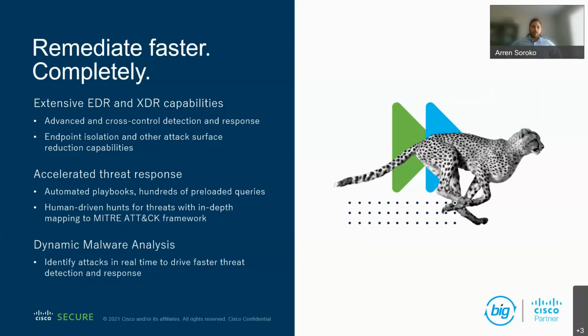And so what isolation does is Secure Endpoints essentially bricks a potentially compromised machine. So it cuts off all network access, pretty much any way that the machine can communicate outside of itself, it gets cut off except for the AMP dashboard or the Secure Endpoints dashboard.